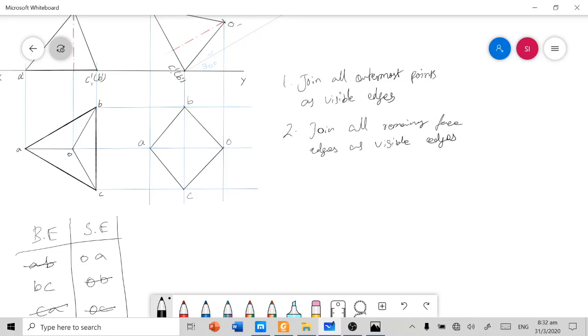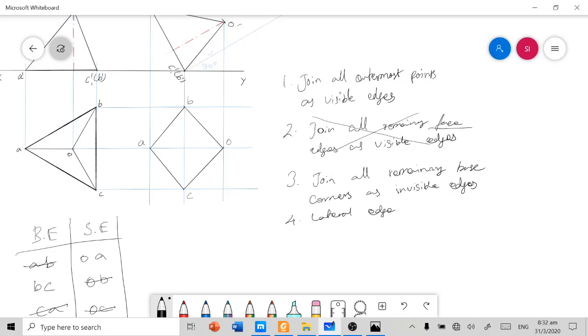Here there are no faces, so this point is not applicable for the current situation. And the third rule is you have to join all remaining base edges as invisible edges.